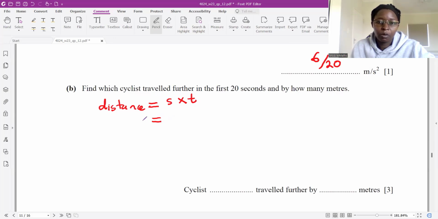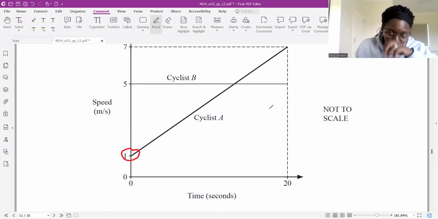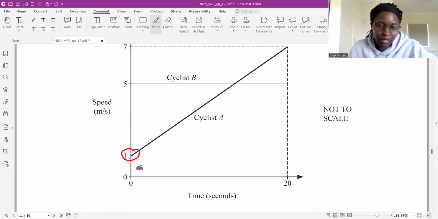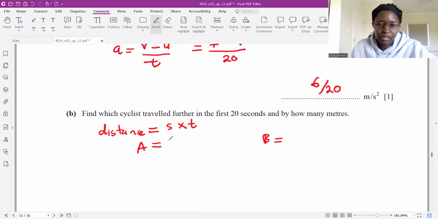Okay, so they're saying find the cyclist that traveled furthest. So I'm going to work for cyclist A, then I work for cyclist B. For A, we have a trapezium here. I've got 1 here, 7 here, and 20 here. So I can say it's going to be half of (a plus b) times our height h.